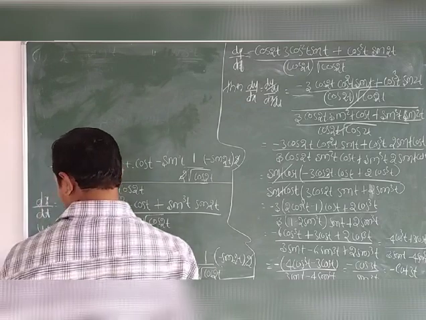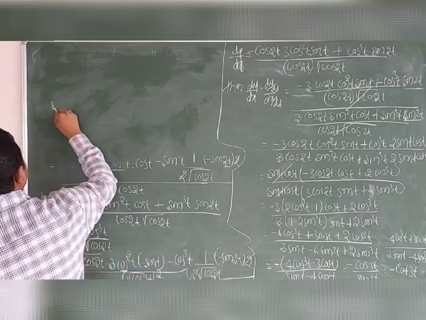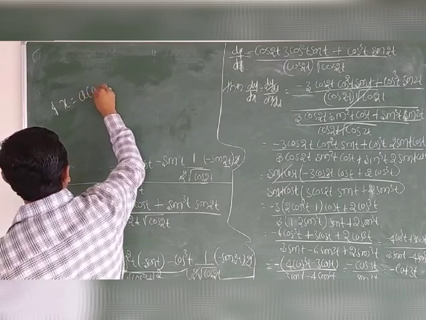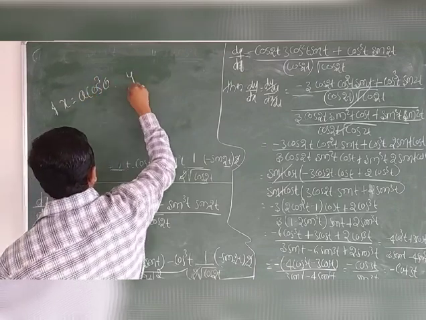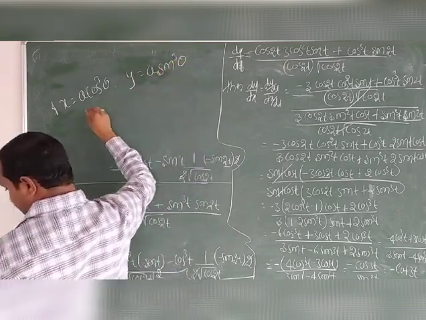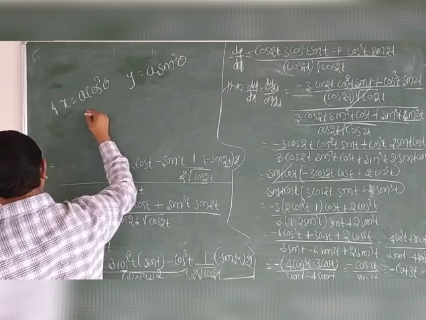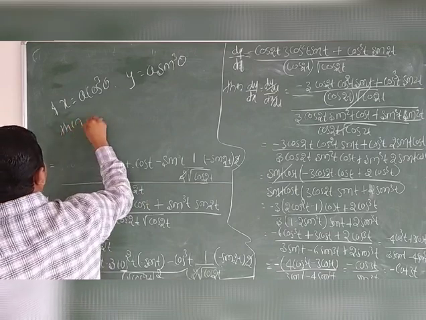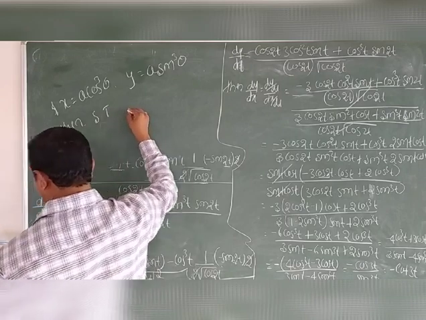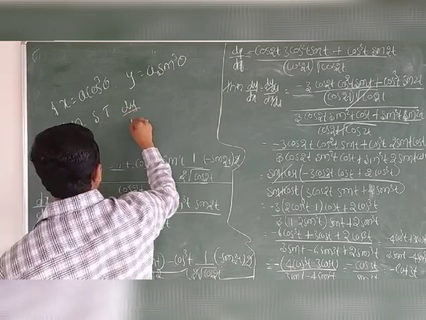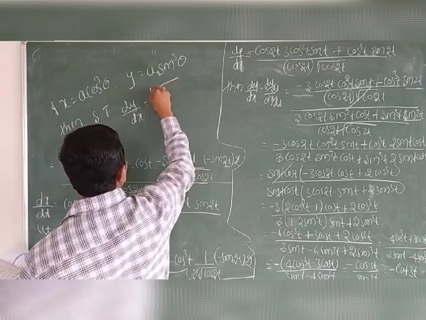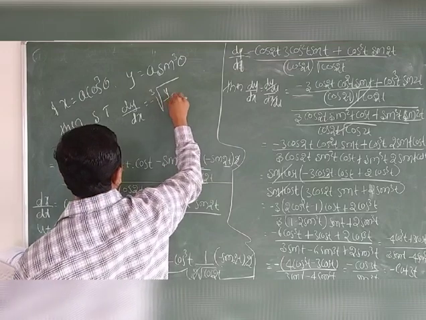If x is equal to a cos cube t, y equal to a sin cube t, then show that dy by dx equals minus cube root of y by x.